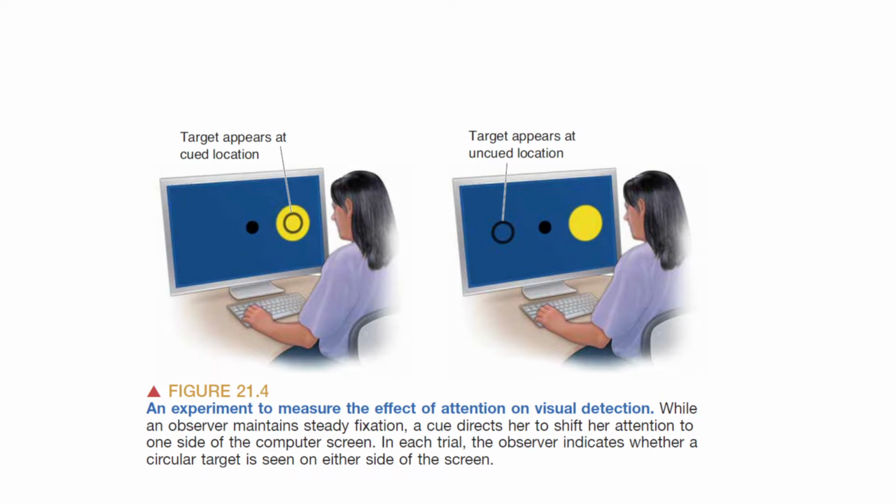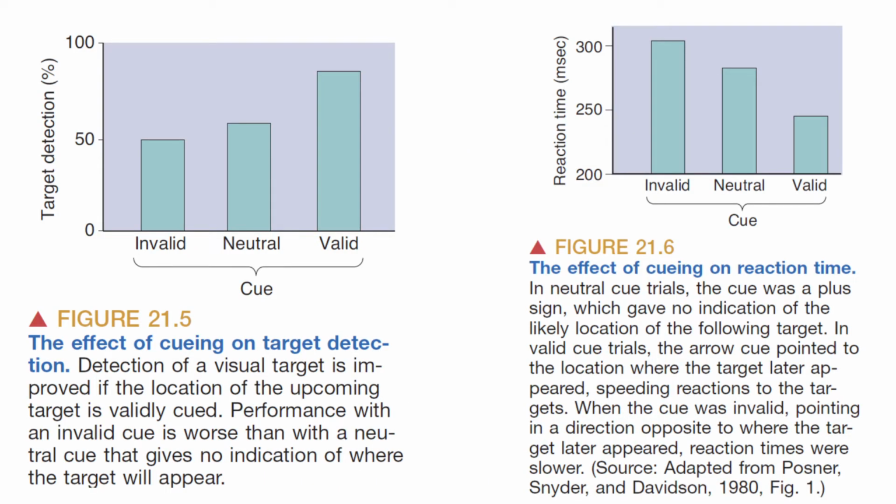So when your attention is directed to the same place where the stimulus is going to happen, this will have some effects on your detection and the reaction times, and when it appears on the other part, it will have different outcomes. And you can see those in the next figures.